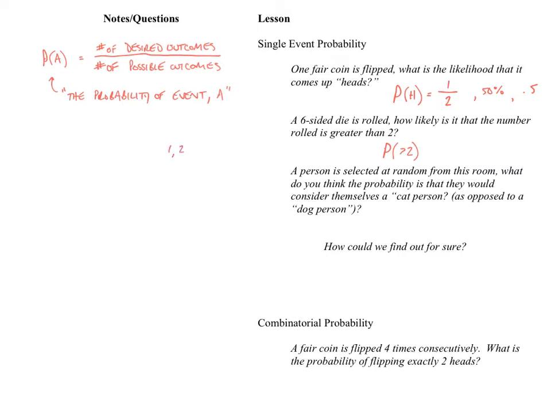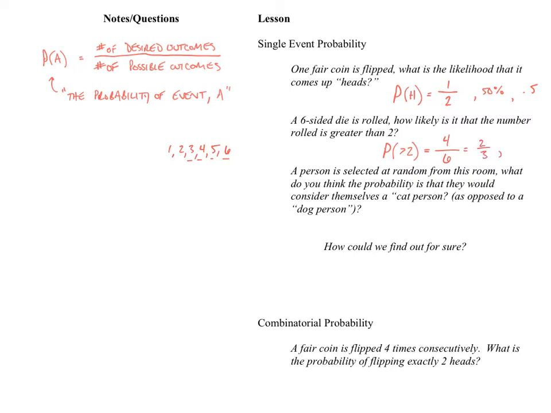I could get a 1, I could get a 2, a 3, a 4, a 5, or a 6 when I roll a six-sided die. And of these possibilities, of which there are 6, there are 1, 2, 3, 4 of them that are greater than 2. So my probability would be 4/6, but I wouldn't leave it like that. I would leave it as 2/3.